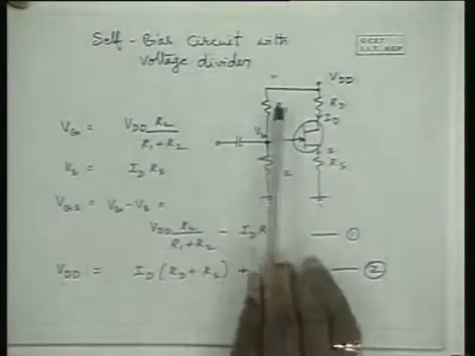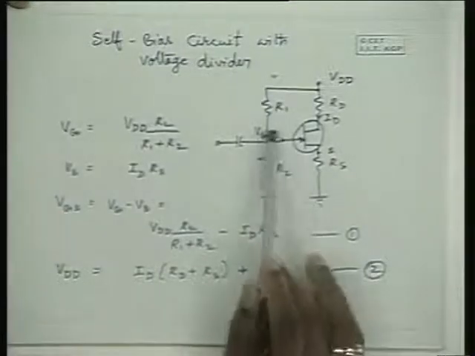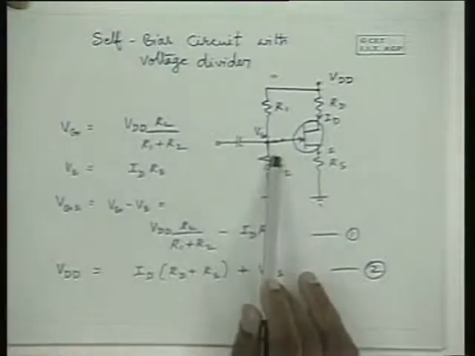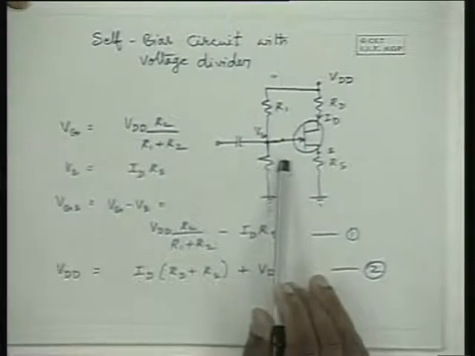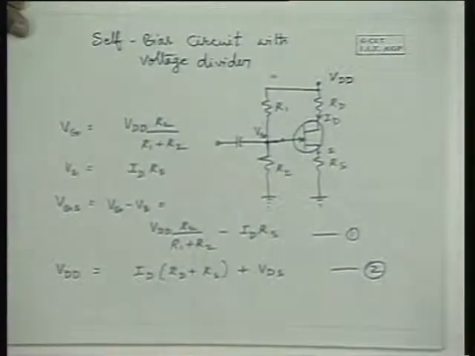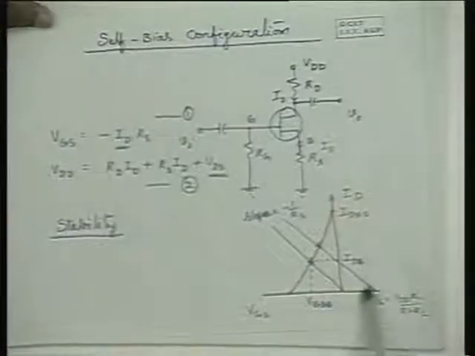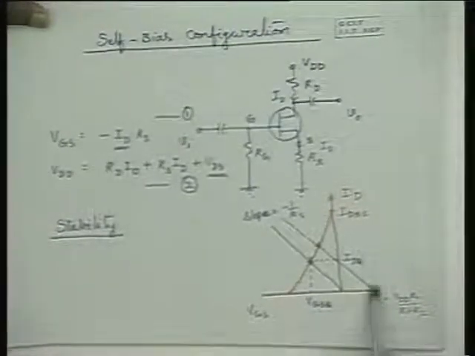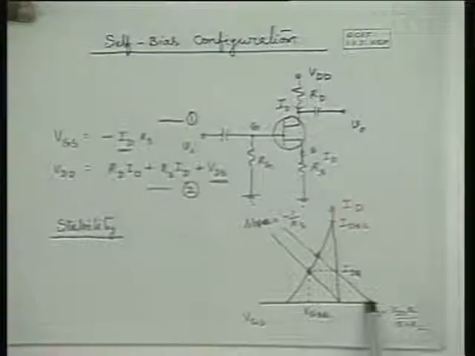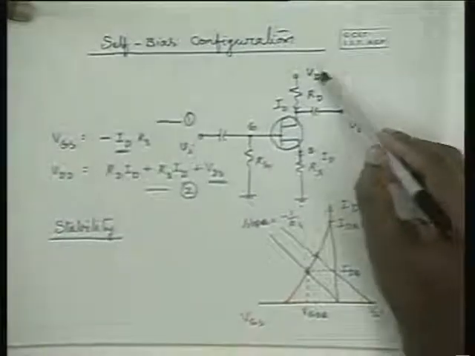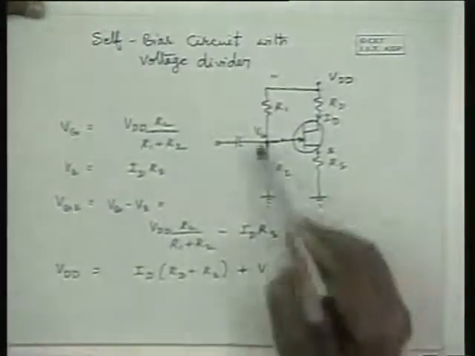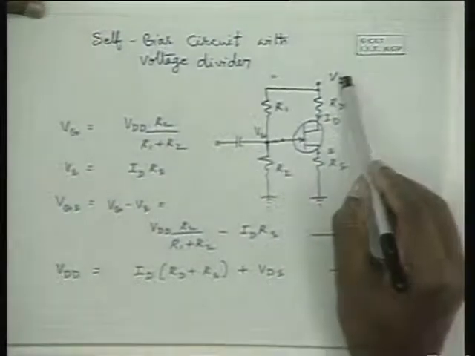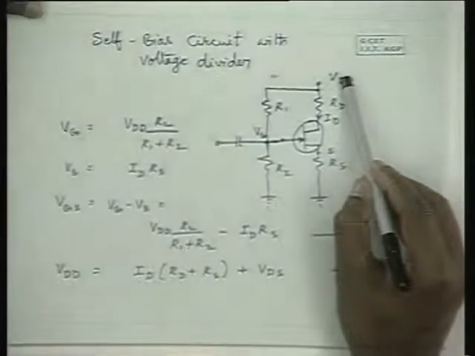So here please note that although you have two values R1 and R2, Vg is the only variable. So how do you provide that potential? If Vg needs to be 2 volts and VDD is 12 volts, there are different ways of providing it.